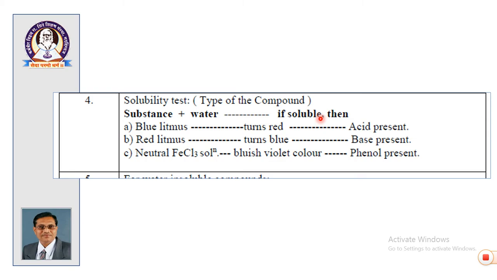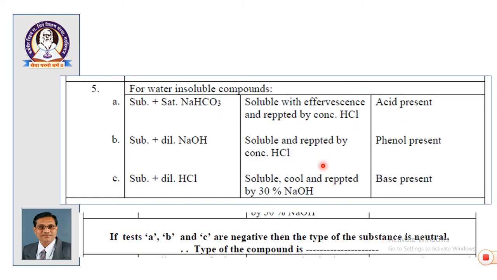All compounds are not water soluble. For example, oxalic acid is water soluble, resorcinol is water soluble, some neutral compounds like glucose, it is water soluble. So, this set of tests is convenient for only those compounds which are water soluble. Then rest of the compounds which are water insoluble are to be tested by this method.